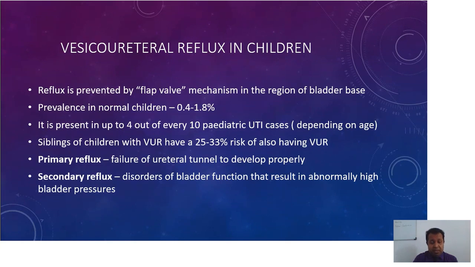Another condition, which we are talking about a lot now, is bladder bowel dysfunction, another reason where children can develop a mild degree of reflux. Therefore, primary reflux and secondary reflux are the two broad categories. They have their own etiologies.